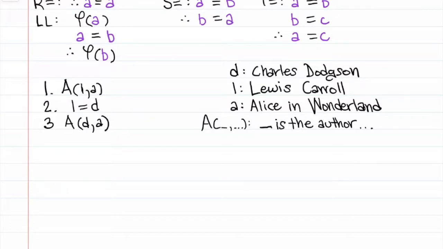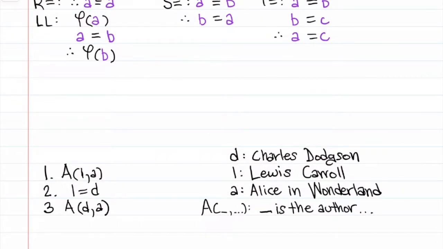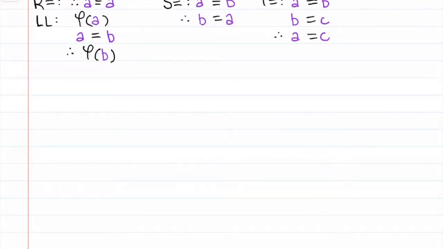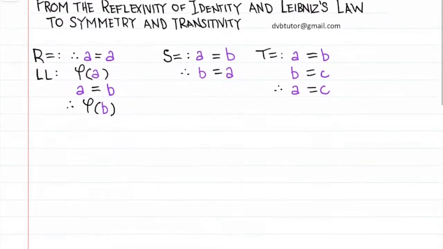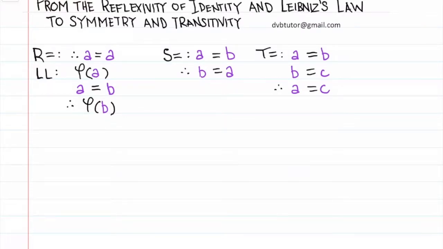Now we're going to show how we can get the transitivity and symmetry of identity from just the reflexivity of identity and Leibniz's law.